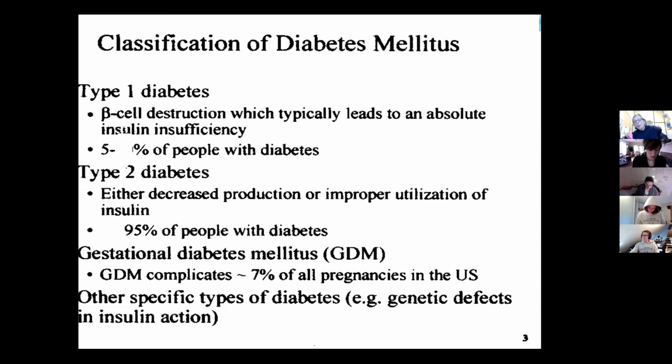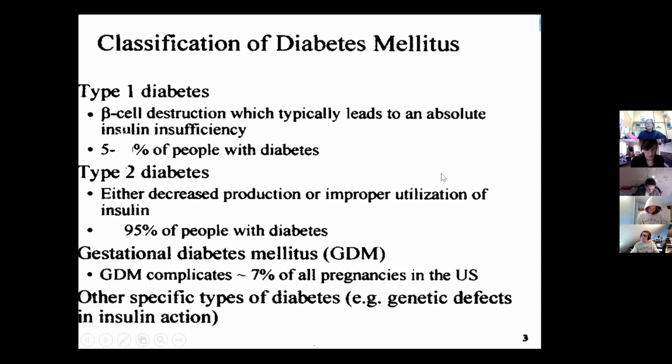The first is type 1 diabetes. And type 1 diabetes results when beta cells in the pancreas are destroyed. And they are destroyed by an autoimmune destruction. The person's own immune system attacks beta cells and destroys them. And with the destruction of those beta cells, it leads to an absolute insulin deficiency.